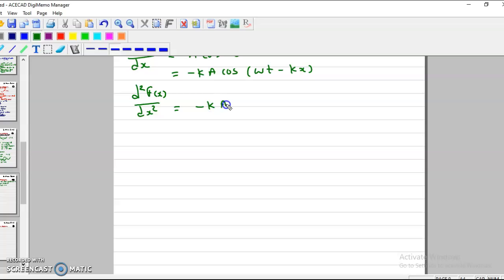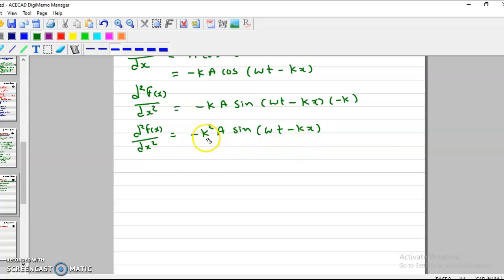So d squared f(x)/dx squared is equal to minus ka, cos becomes sine. This is constant, so it will be omega t only, minus kx, into minus k. Okay, so here we have minus k, so we write d squared f(x)/dx squared is equal to minus k squared a sine(omega t minus kx).